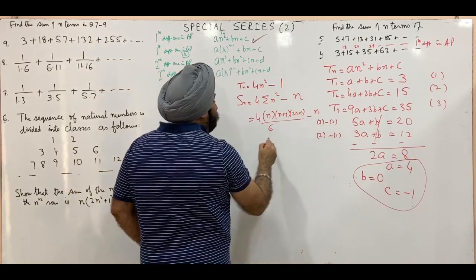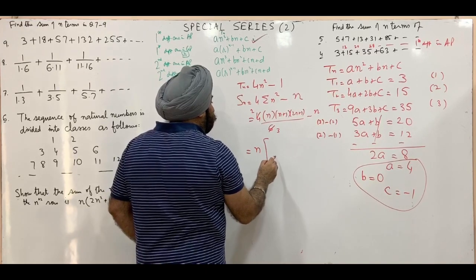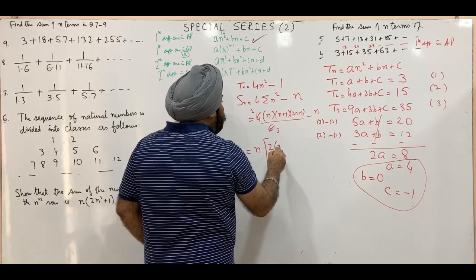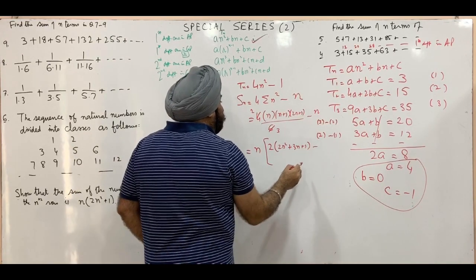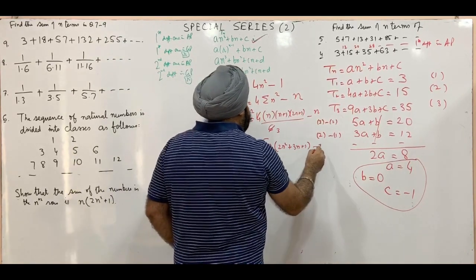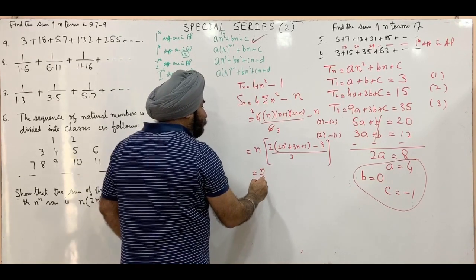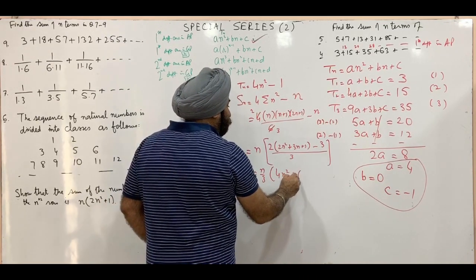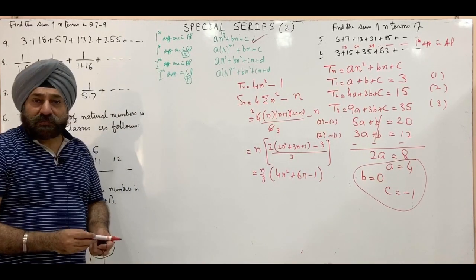This is minus n. 2, this is 3. Take n common. This is 2, 2n square plus 3n plus 1, and minus this will be 3 and whole divided by 3, that's n by 3 is 4n square plus 6n and minus 1. This is sum of n terms of the series.